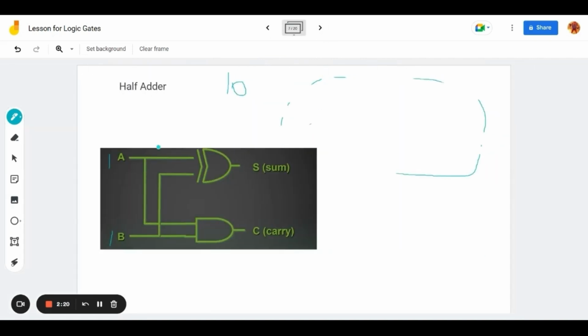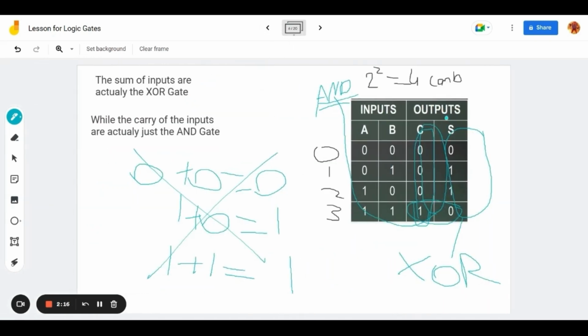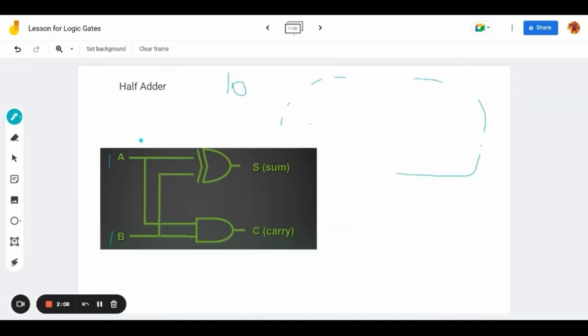And the answer you will get is 1 0, because the XOR gate will represent the sum value over here, and the AND gate will represent the carry value over here, creating the 1 0. Let's show you how it's done. So one value is here, one value here. First, the two 1 values come together here at the AND gate and the XOR gate.